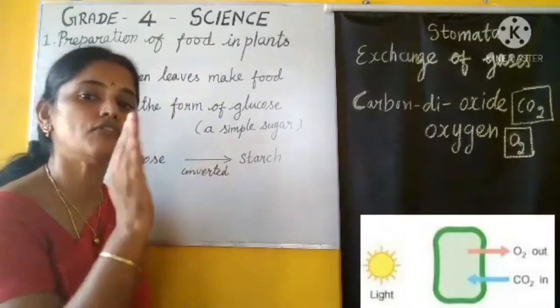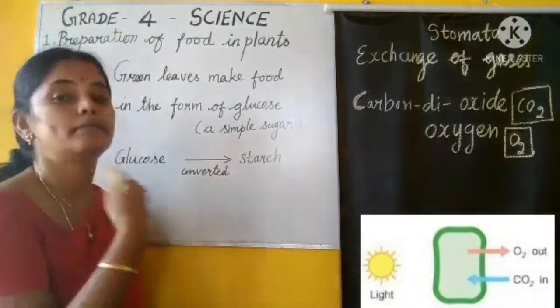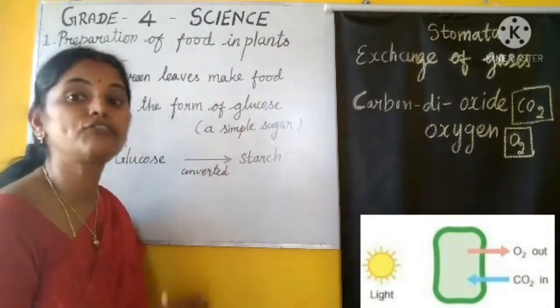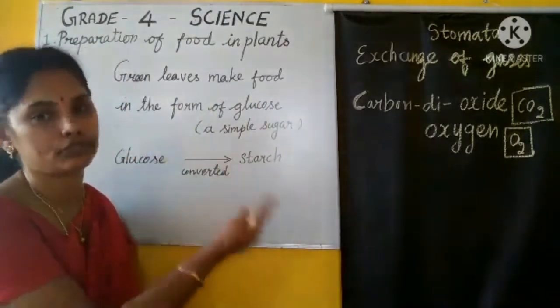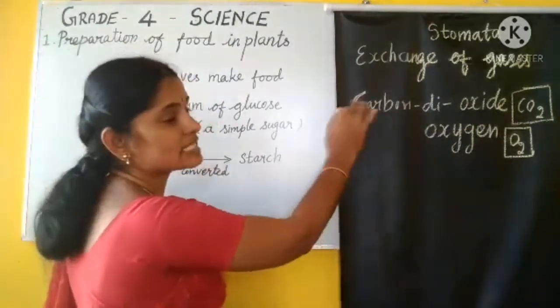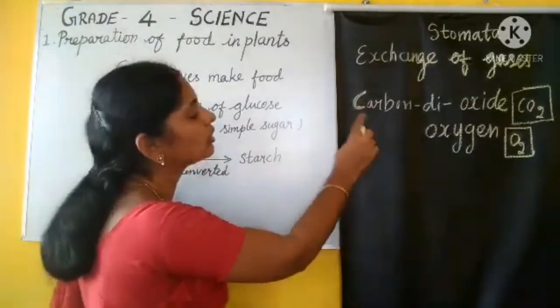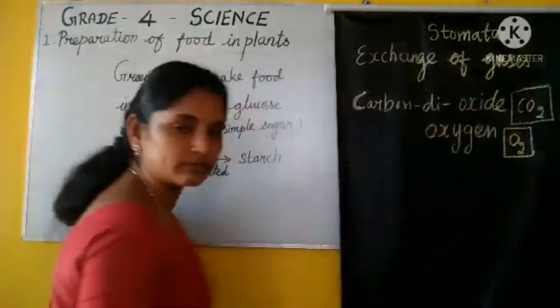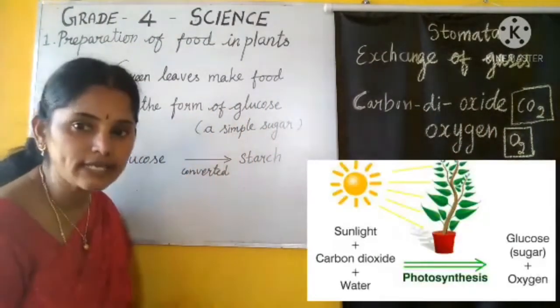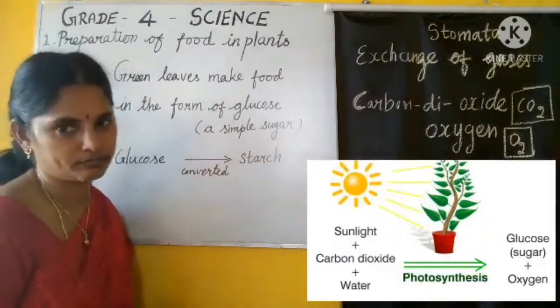Clear, children? For the photosynthesis process, plants take in carbon dioxide for the preparation of food. For the photosynthesis process, which gas is needed for the plant? Carbon dioxide. For the preparation of food, plants need carbon dioxide.